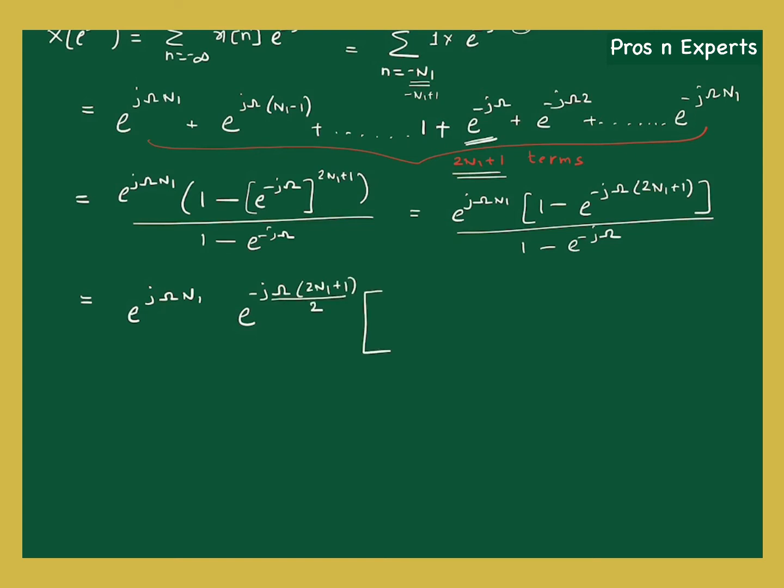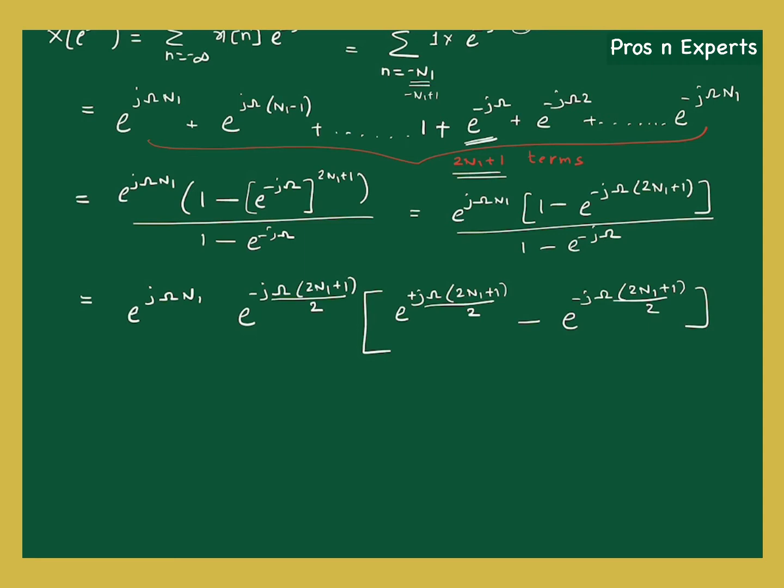That could simplify this further. So in order to maintain this factor without any change, we have to put e raised to plus j omega, the same value, 2n1 plus 1 whole divided by 2 here, minus e raised to minus j omega into 2n1 plus 1 by 2 here, right? Then only this factor turns out to be unchanged here.